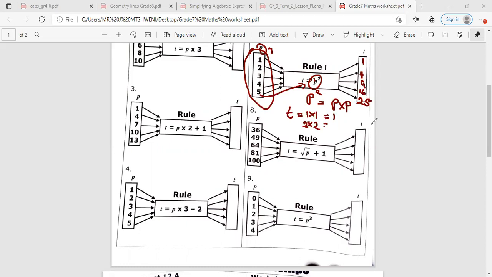Let's move to number 8. Let me just highlight this one, because this one is going to be cube now. In other words, p is going to be p times p times p. 3 times, not twice now. Even given 0, 0 times 0 times 0 is 0.